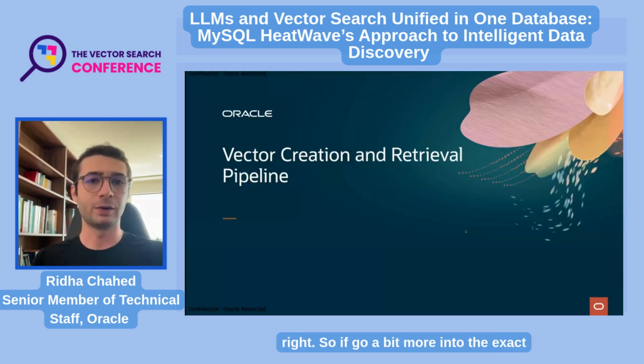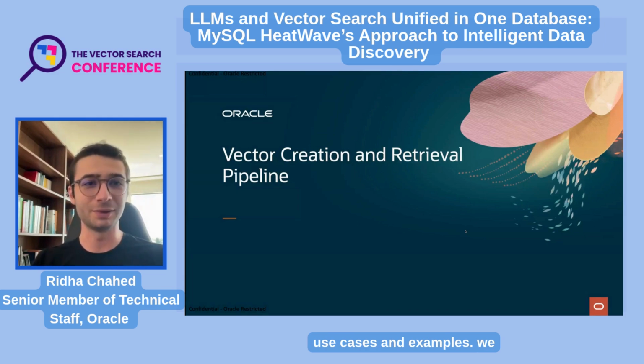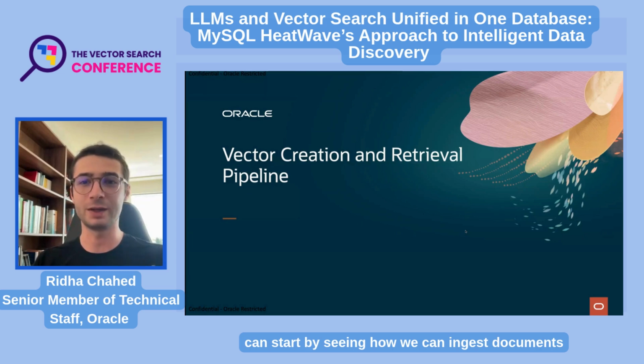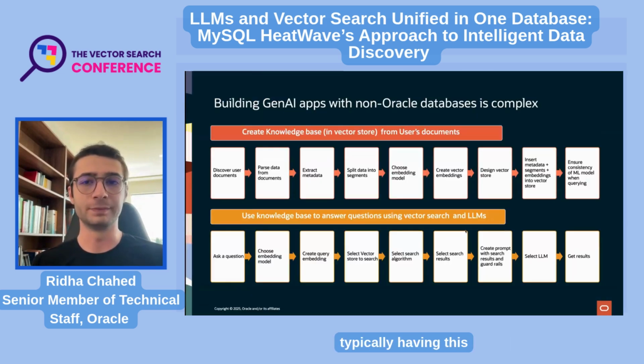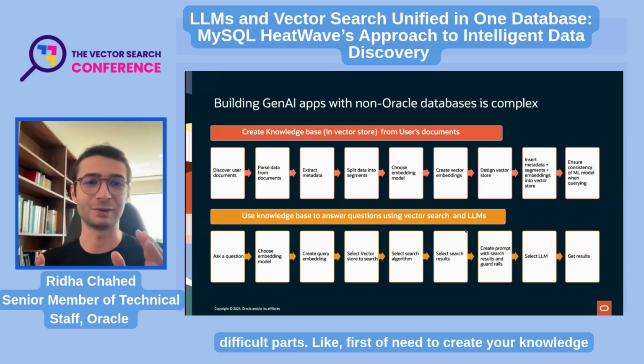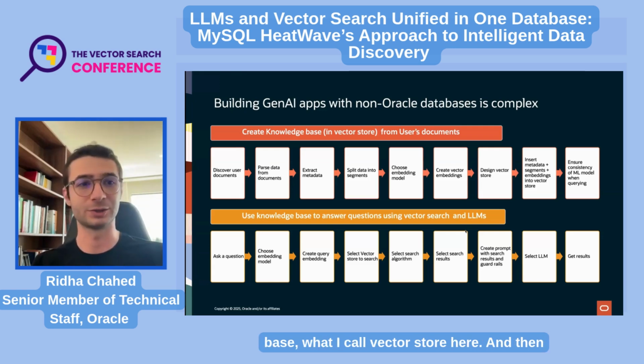All right, so if we go a bit more into the exact use cases and examples, we can start by seeing how we can ingest documents and create our vector store. Typically, this ingestion of documents has several annoying and difficult parts. First of all, you need to create your knowledge base, what I call the vector store here.